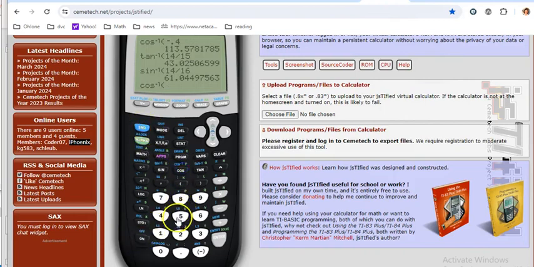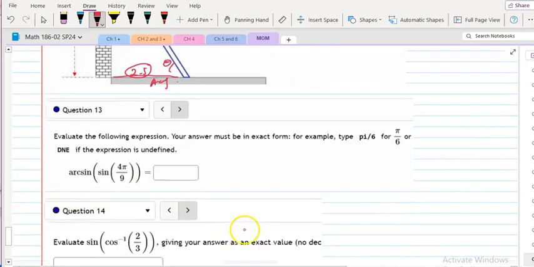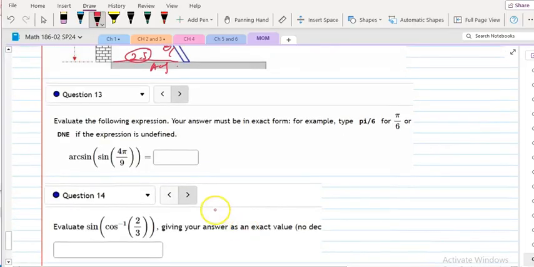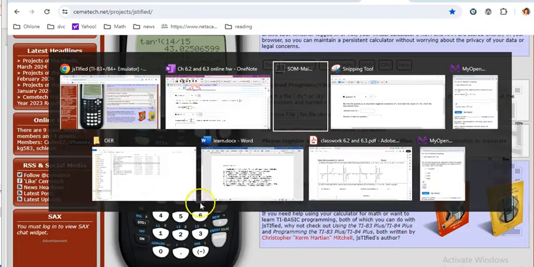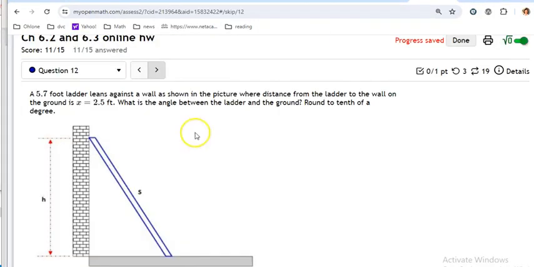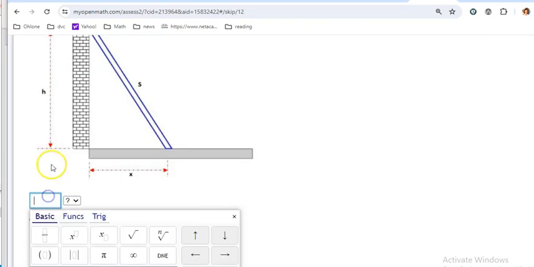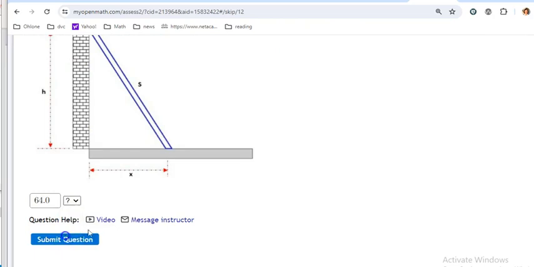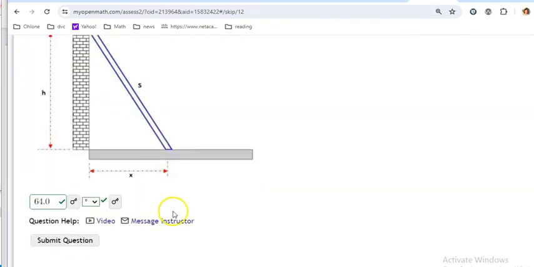Second, cosine inverse 2.5 over 5.7 gives 63.98, so that is 64.0. So the angle is 64.0. It should be in degrees, right? Because we're looking at an angle.